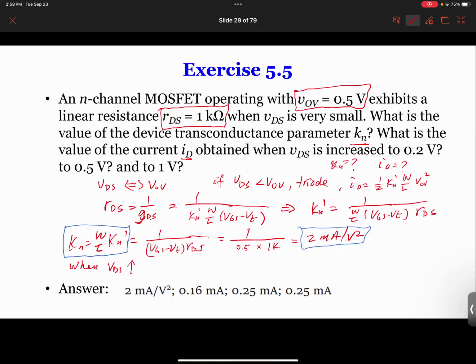So ID can be found by doing 1/2 Kn times VOV squared. So it's going to be 1/2, and Kn we found is 2, and VOV is 0.5 squared.